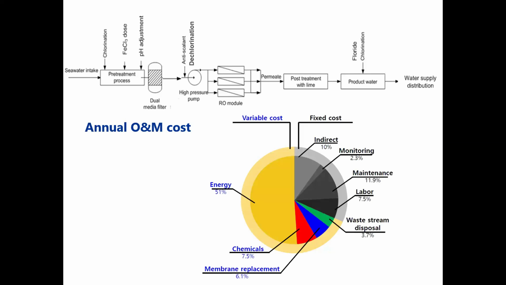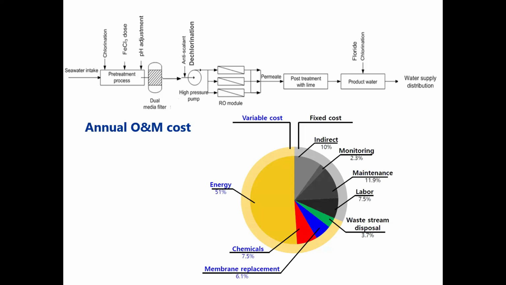So how much energy is required for seawater desalination? Overall, how much energy do you need to produce desalinated water from this process, per 1 cubic meter of water? You need 4 kilowatt hours for 1 cubic meter of seawater desalination.